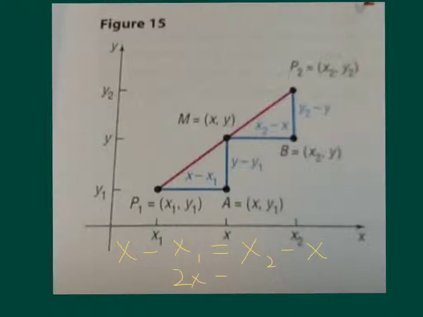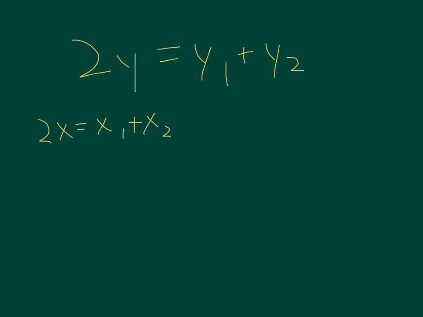2x equals x sub 1 plus x sub 2. Which also means that 2y equals y sub 1 plus y sub 2. Now, in order to find the coordinates, you have to first isolate it. Therefore, from the 2x equals x sub 1 plus x sub 2, you will get x equals x sub 1 plus x sub 2 over 2.